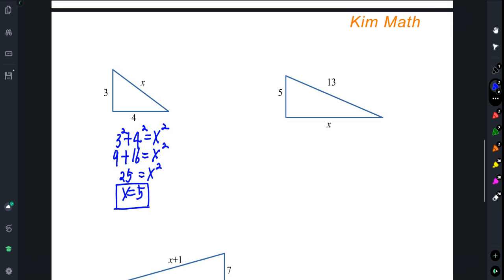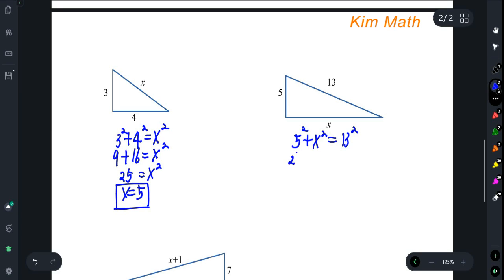Next one. In the case where one leg is a variable, when you write the Pythagorean theorem, you must write 5 squared plus x squared, right? Which is 13 squared.